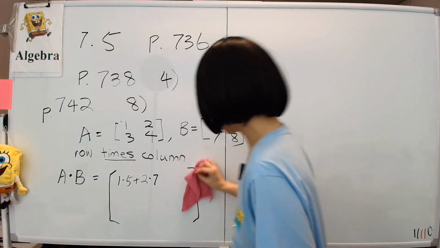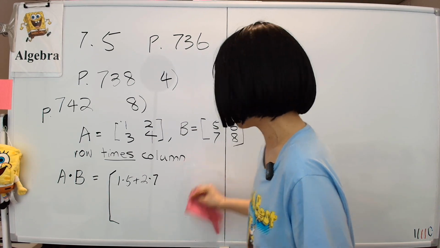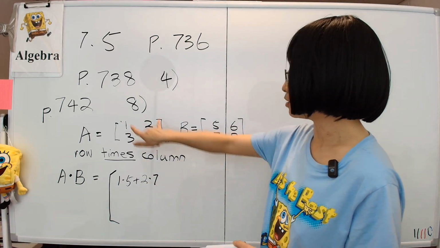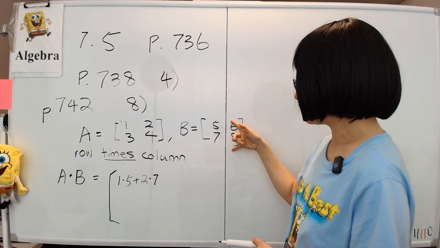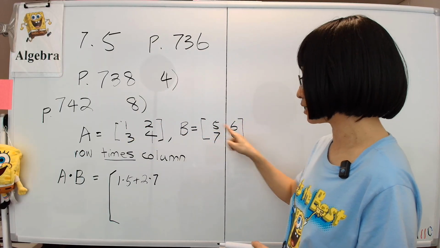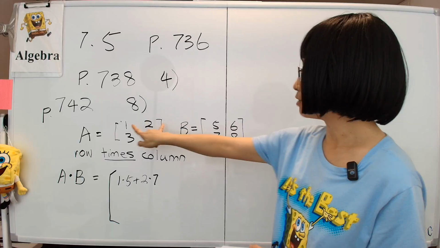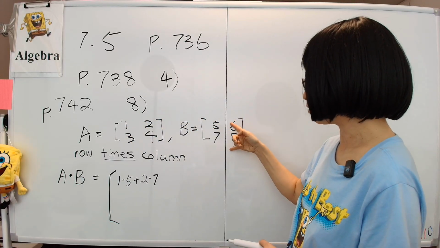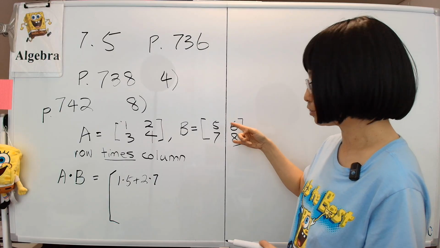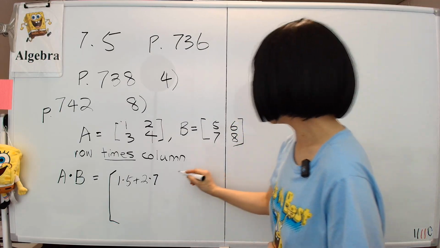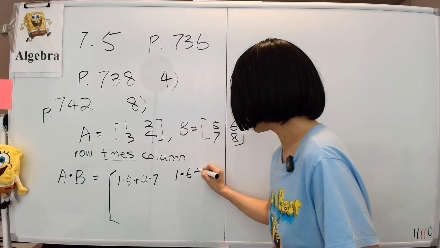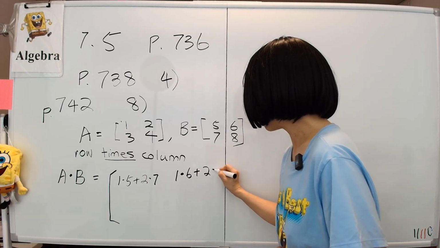Let me move this over a little bit to give us more space. So the first row times the second column means 1 multiplied by 6 and 2 multiplied by 8. Watch how my finger goes from row to column to match up. So the second entry is 1 multiplied by 6 plus 2 multiplied by 8.